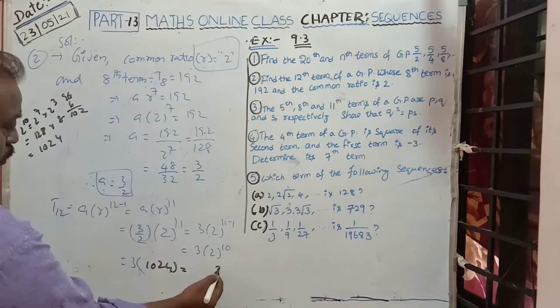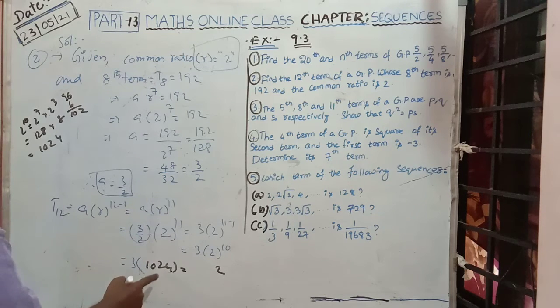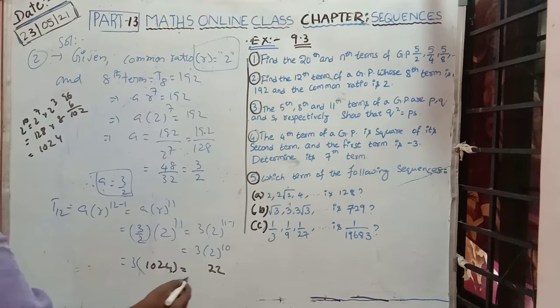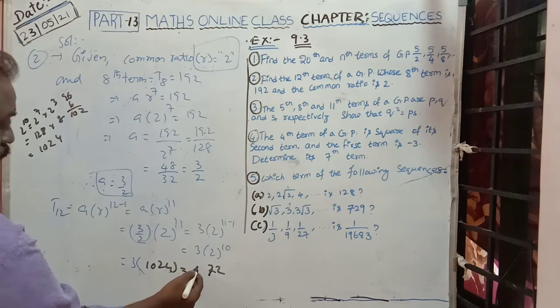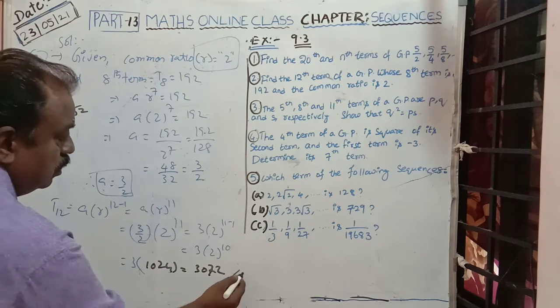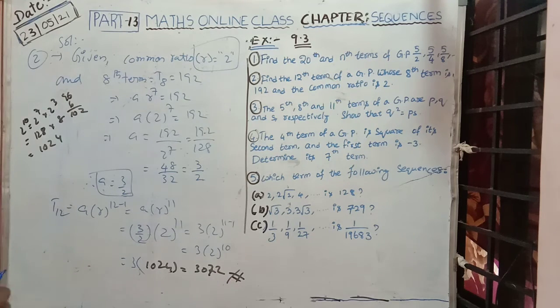Then 3 times 1024 is 3072, which is the required 12th term. Okay, like that.